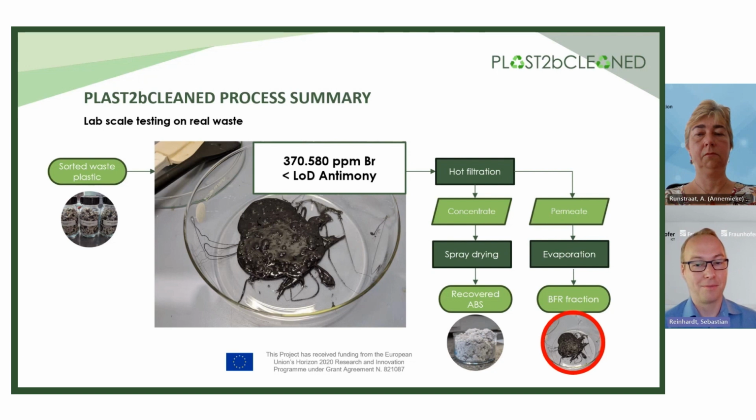When you look at the bromine fraction that we receive, the appearance is obviously a lot different because it's a more complex mixture with the real waste. Nonetheless, with a 37% bromine content, it's a very rich bromine fraction that can be further utilized in the recycling facility in Terneuzen by our partner ICL, for example.